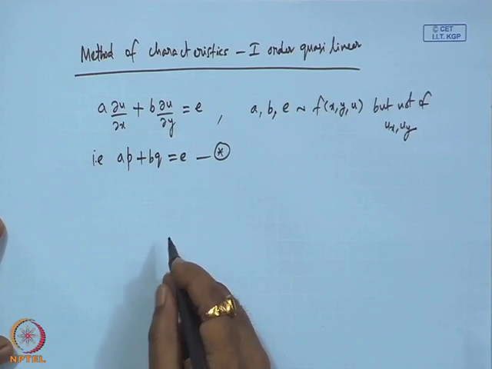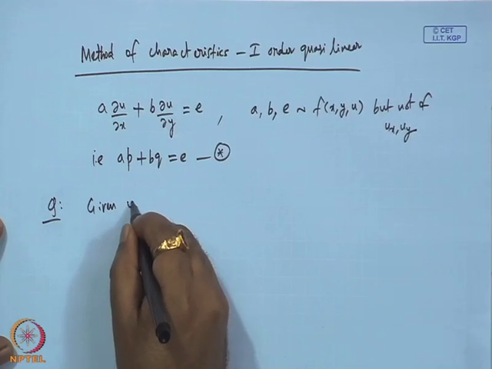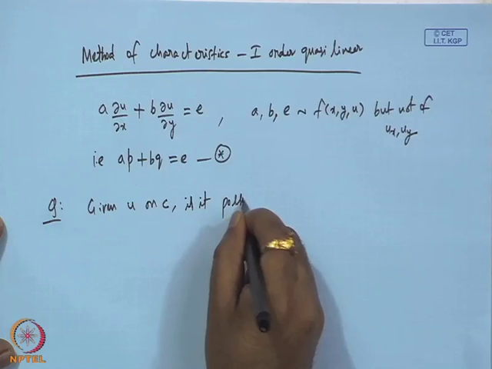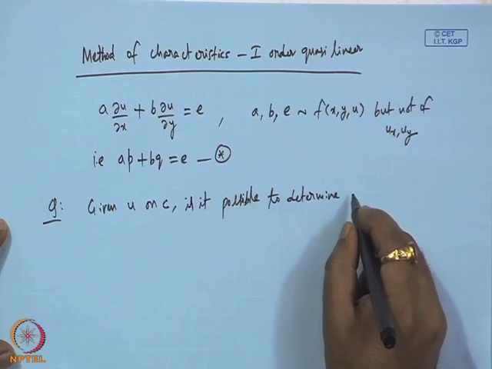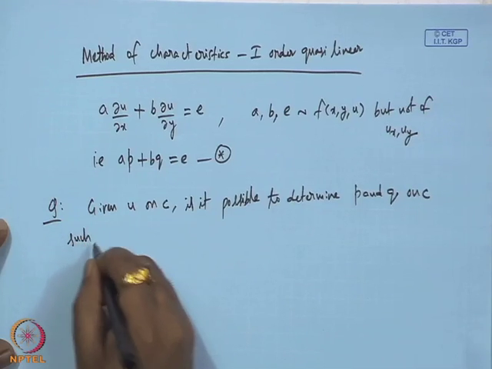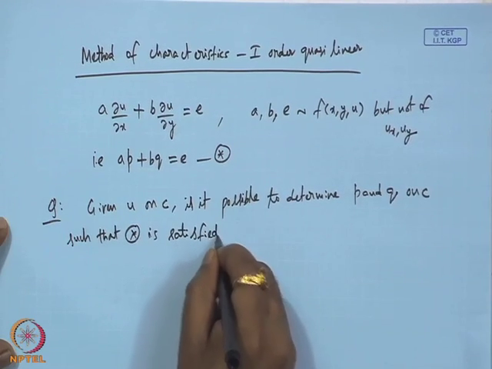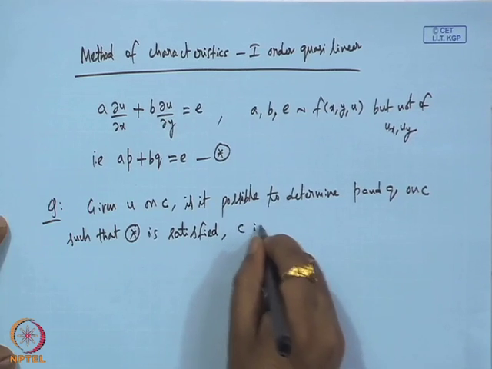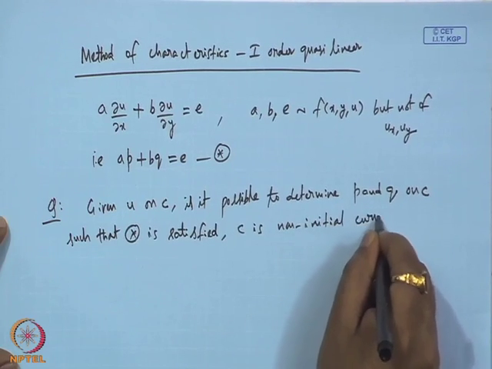So, now what is our aim? The question: given u on C, is it possible to determine p and q on C such that star is satisfied, where C is a non-characteristic initial curve?